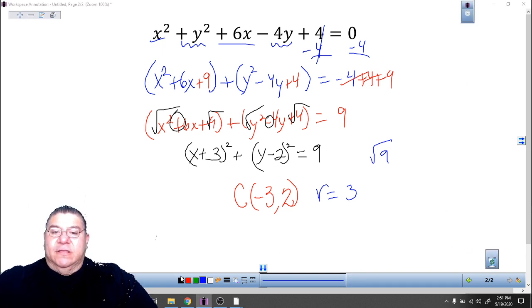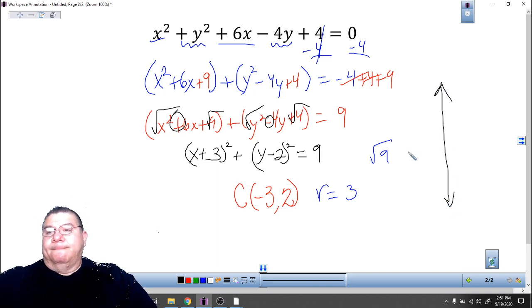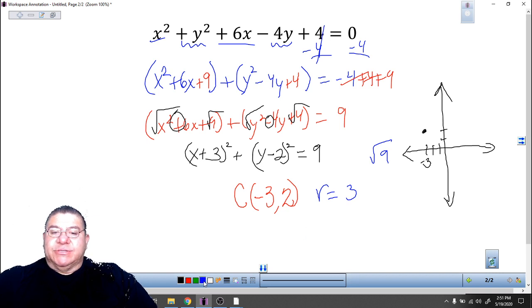Alright. So if we were to graph this, our center is at negative 3, 2. 1, 2, 3. 1, 2. There it is. And then 3 units in all directions.